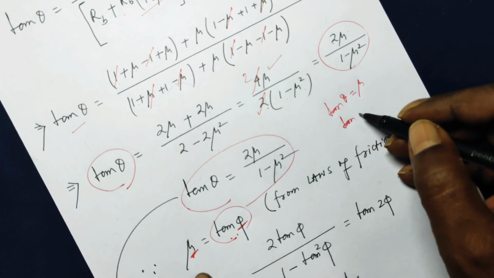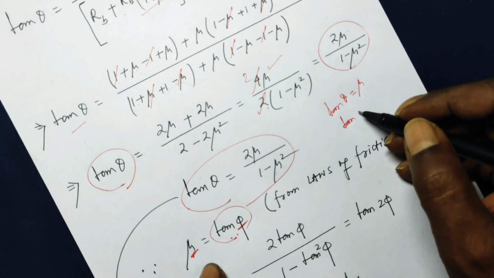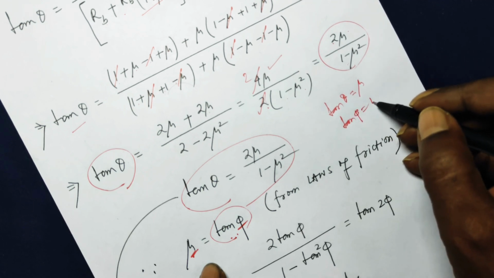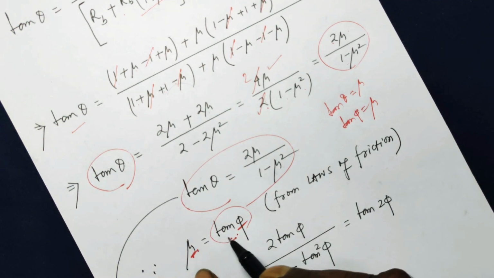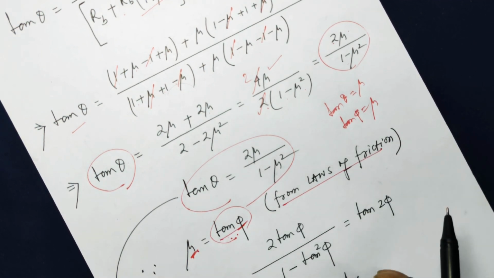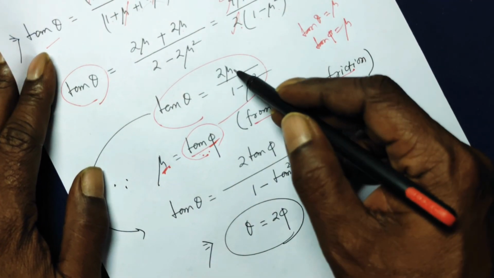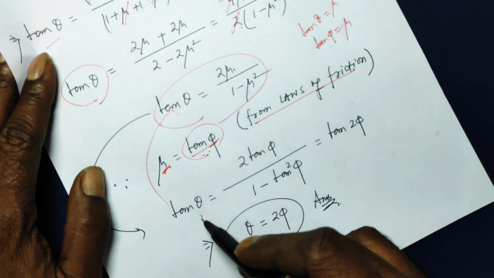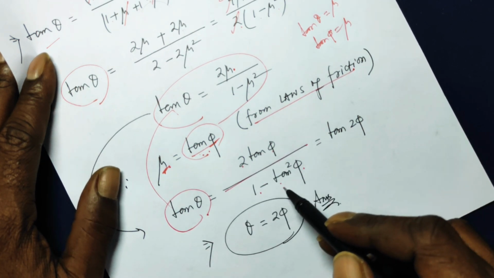Also tangent of the angle of sliding or repose is the same thing as the coefficient of friction. So mu is equal to tan phi from the laws of friction. So now substitute for mu here, tan phi, tan theta remains as tan theta, so 2 times tan phi over 1 minus tan square phi.